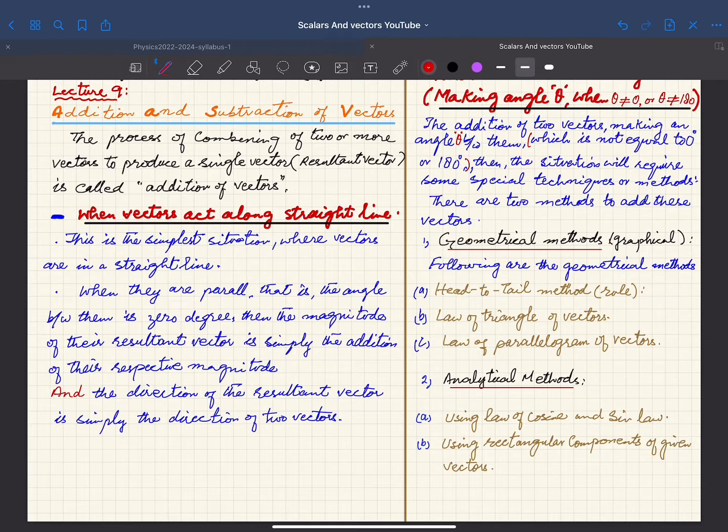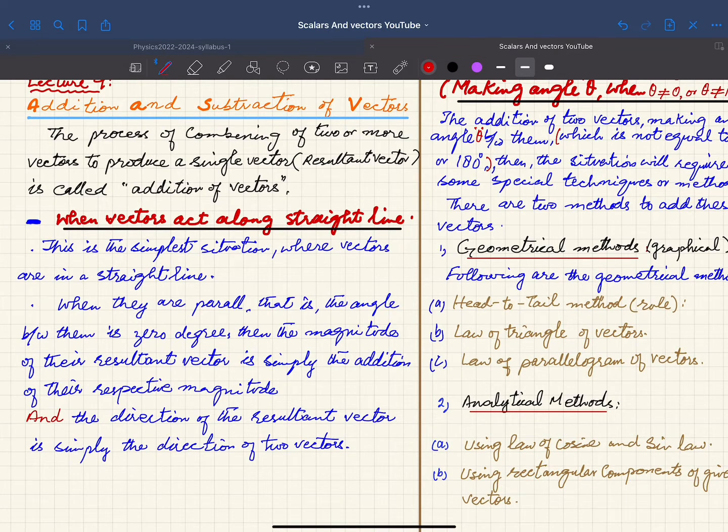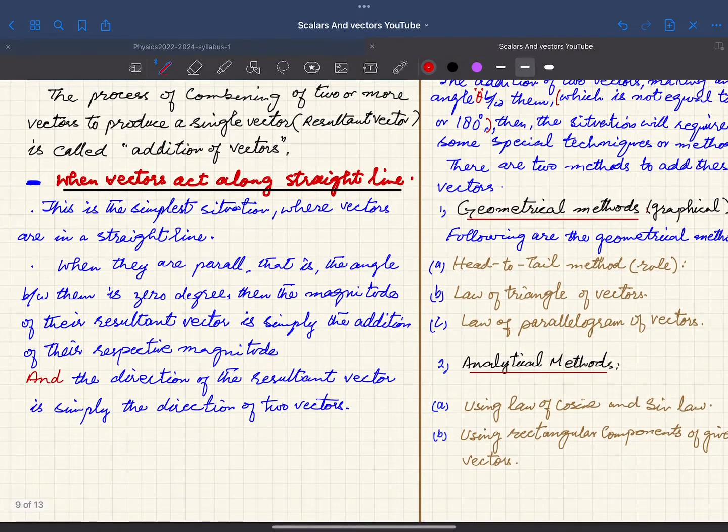Now when we are going for the addition of vectors, we have certain situations or conditions. The first is when vectors act along a straight line. Suppose you have a body and the force on this body is 5 Newton, and there is another force of 5 Newton.